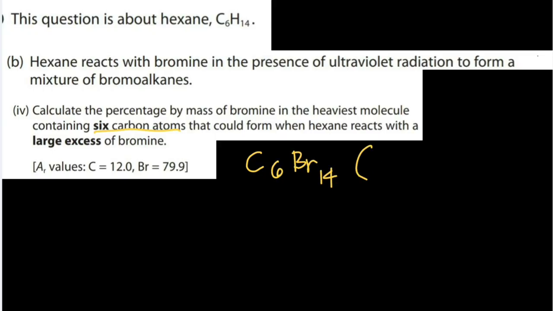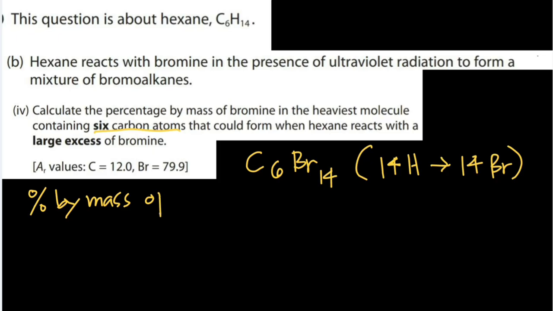So we just replaced the 14 hydrogens with 14 bromines. So now we can calculate the percent by mass of bromine. So we get the molar mass of C6Br14.